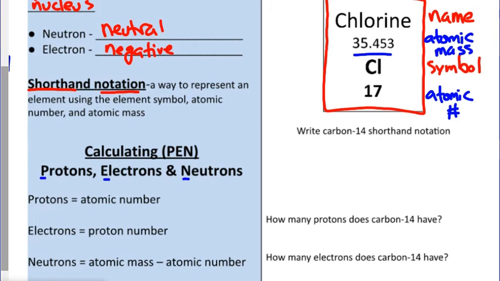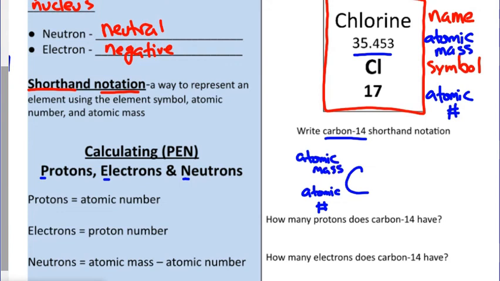So let's start by writing the shorthand notation for this carbon-14 atom. The shorthand starts with the element symbol, carbon. And then what we're always going to do is, in the bottom left corner, write the atomic number, and in the top left corner, write the atomic mass.